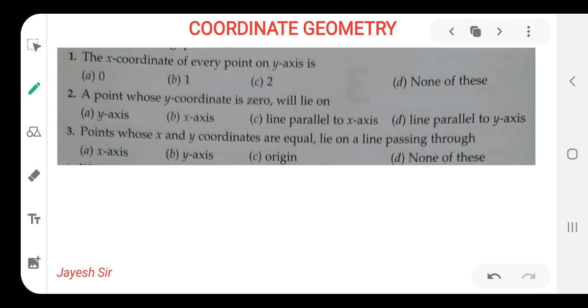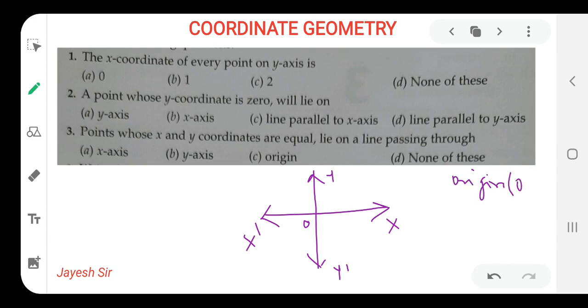Yes friends, the first MCQ is: the x coordinate of every point on the y axis is what? I am drawing the Cartesian coordinate system we have understood. Here are x dash, y dash, and y, and the origin O, whose coordinates are 0, 0.